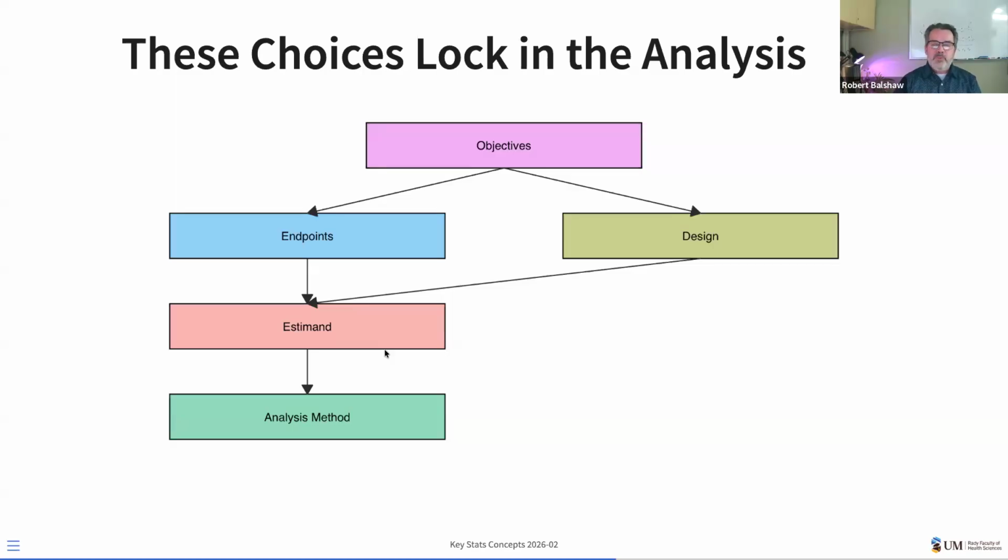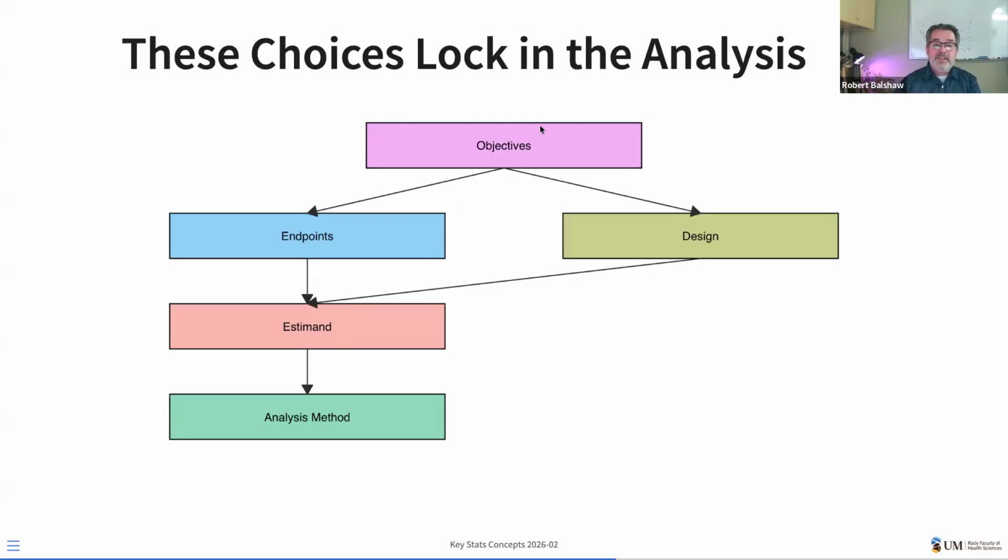So if you need a roadmap to help you navigate through clinical trials and your interactions with statisticians about clinical trials, if you came to me with an understanding of, or at least an initial idea of, how your objectives shape your endpoints and your design, and the way that those will characterize into an estimand and the analytic method, I would think that my stars have aligned, and much of the hard work will have already been done.